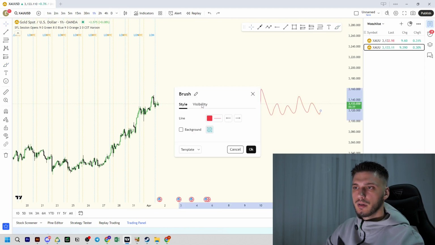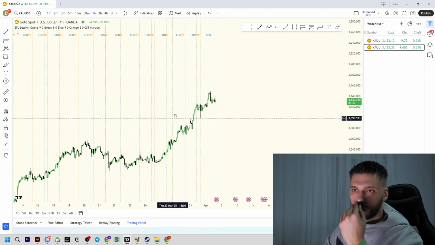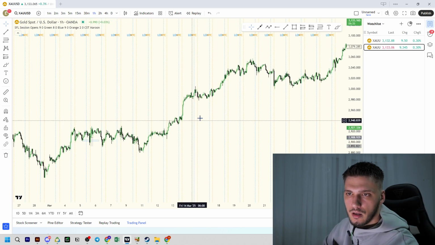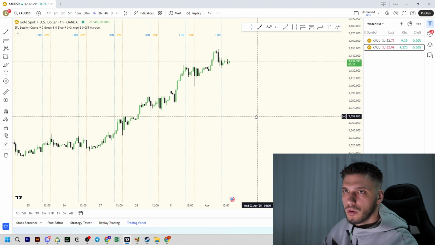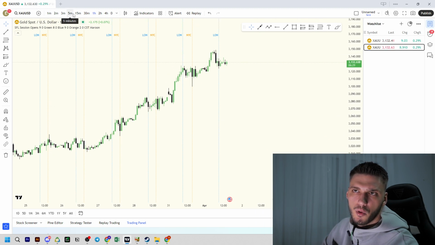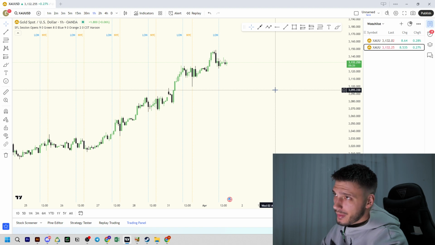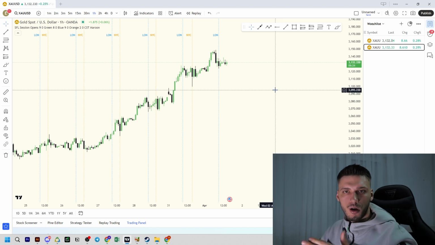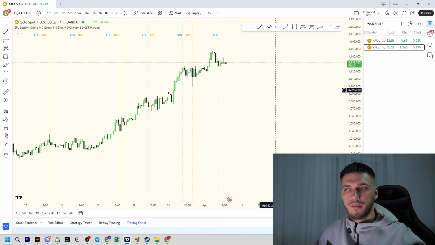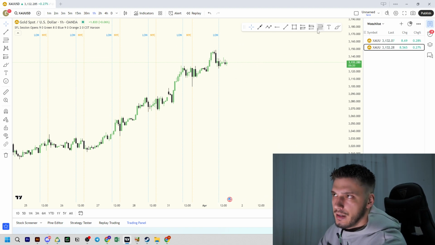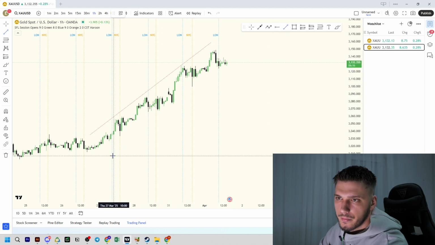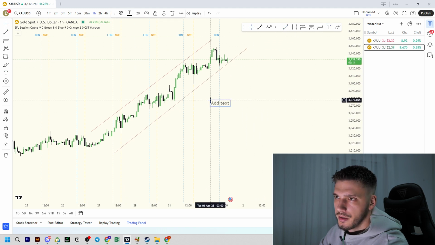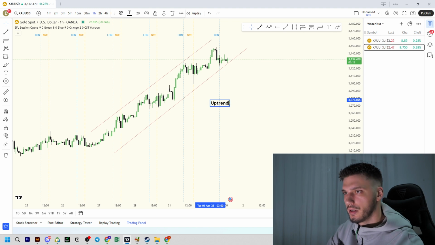Now let me take you through some examples, and I want you guys to do this homework by yourself. I want you guys to go to the 5-minute time frame or the 15-minute time frame and identify 5 uptrends, 5 downtrends, and 5 ranging markets. In this case, you want to do this, and then type here uptrend.